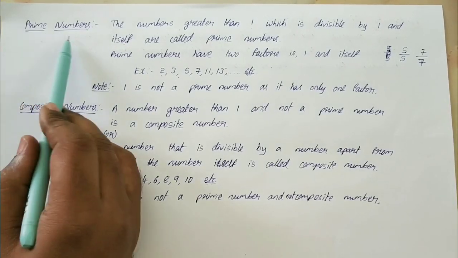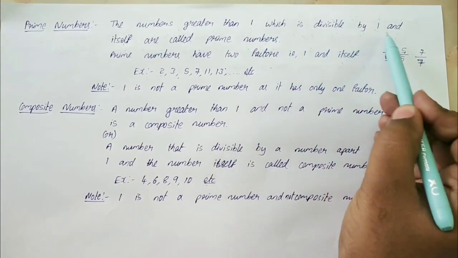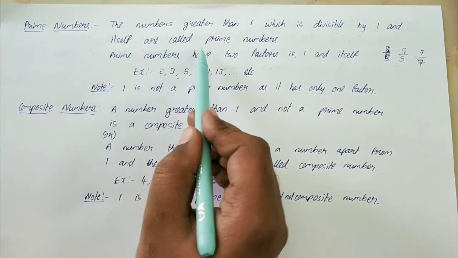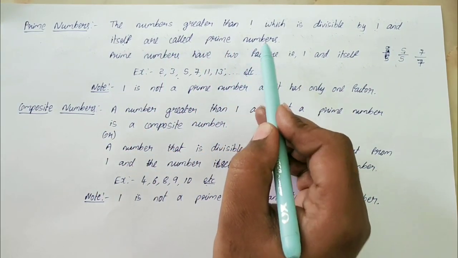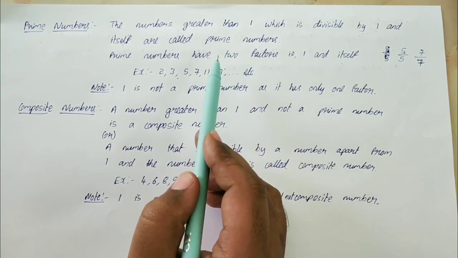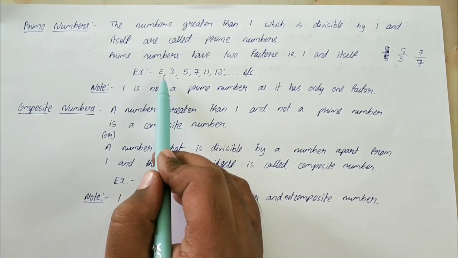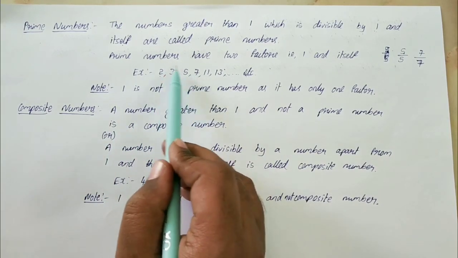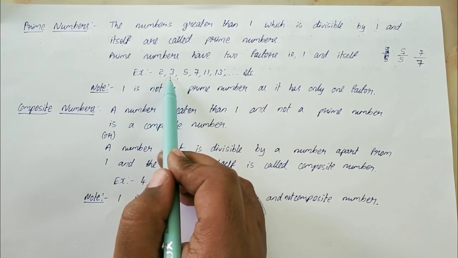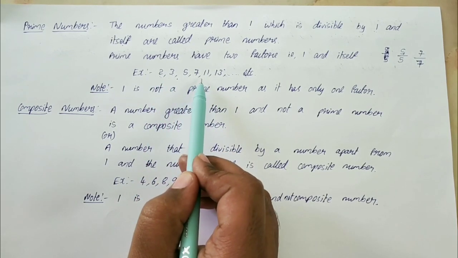So what are prime numbers? The numbers greater than 1 which are divisible by 1 and itself are called prime numbers. That means the number must be greater than 1 and it is also divisible by 1 and the number itself. See here, for example, 2, 3, 5. These are numbers greater than 1 and they can be divisible by 1 and the number itself.